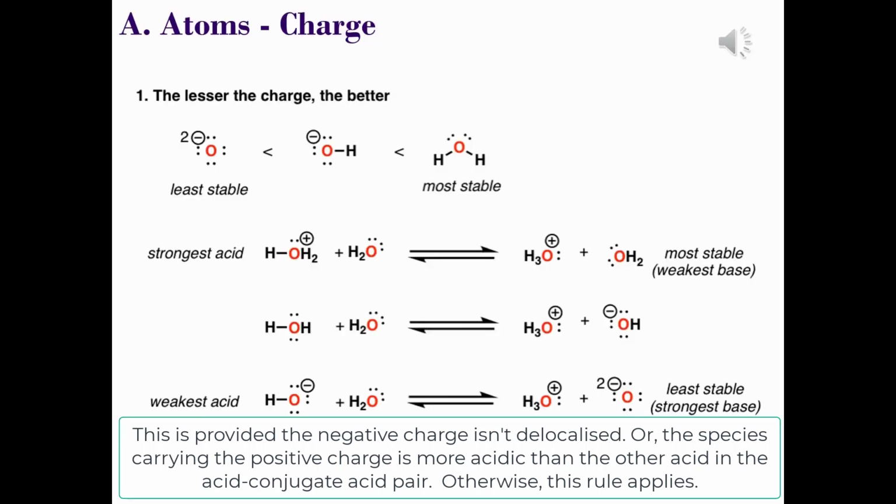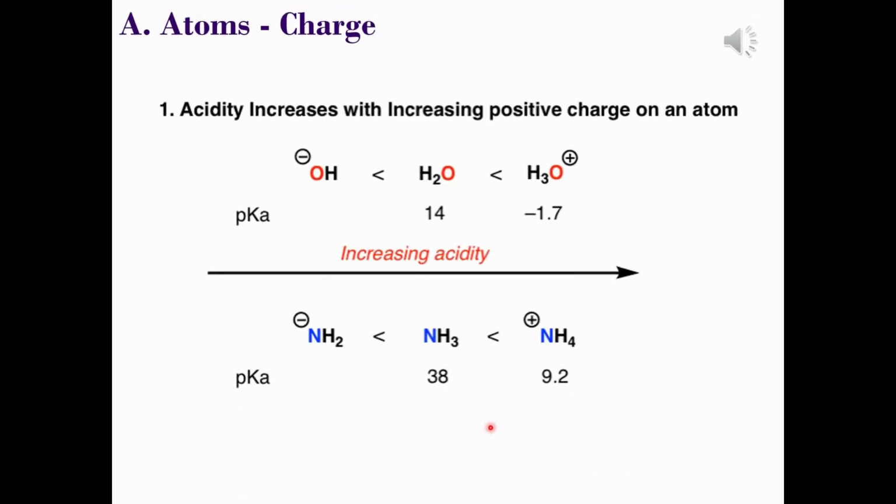The next thing we're going to do is tie this in with the pKa values and also compare this trend with nitrogen, which is to the left of oxygen on the periodic table. Although the charge distributions on an oxygen and nitrogen atom are different, they demonstrate the same trend in pKa with respect to increasing the positive charge on their atoms.